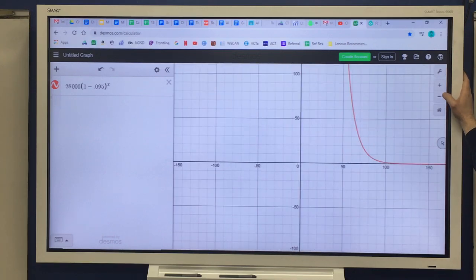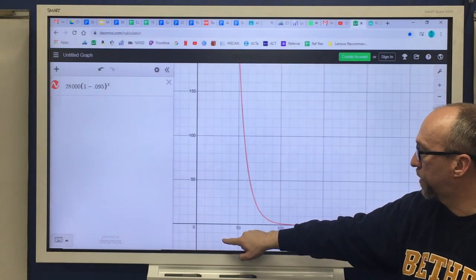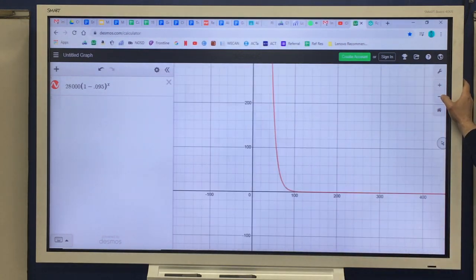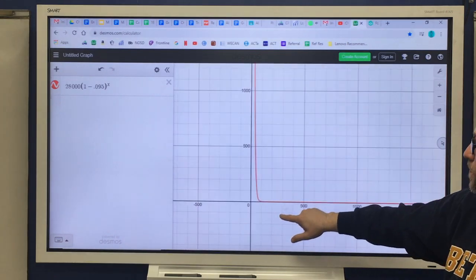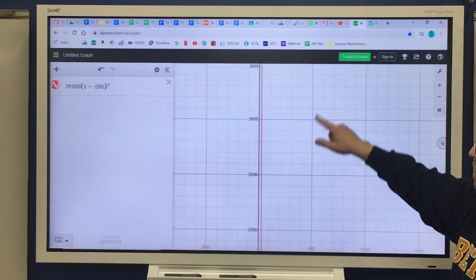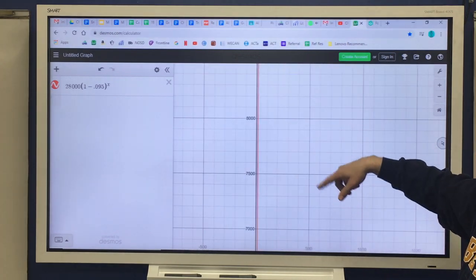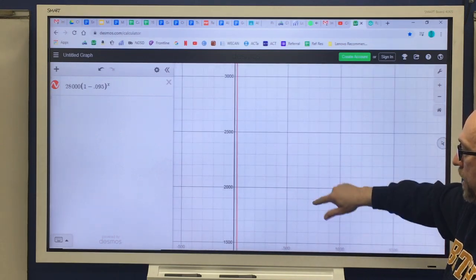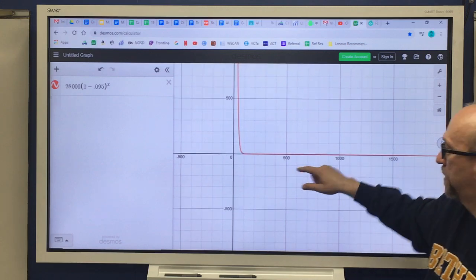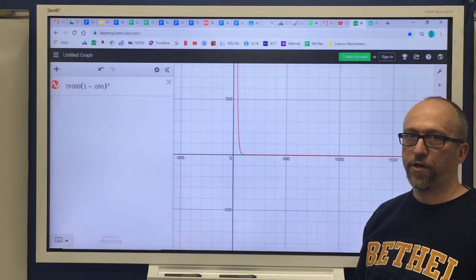I'm going to keep zooming out until I see a graph that looks the way it ought to look. The problem with this graph is that if you scroll way up here, you're going to get to $28,000. The horizontal grid, left and right, this much is the same as that much. In other words, this is 500 years.